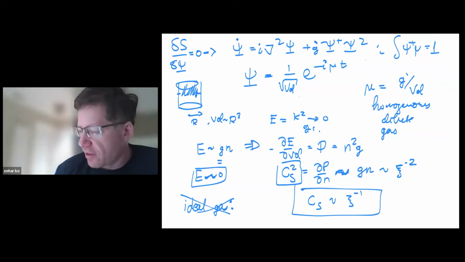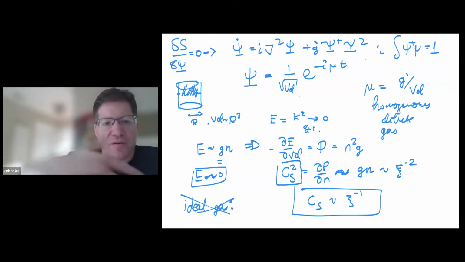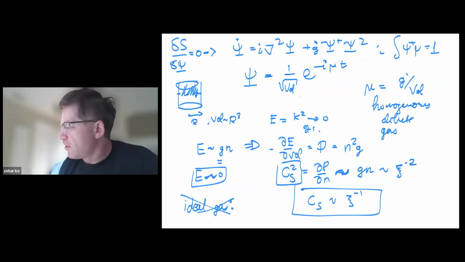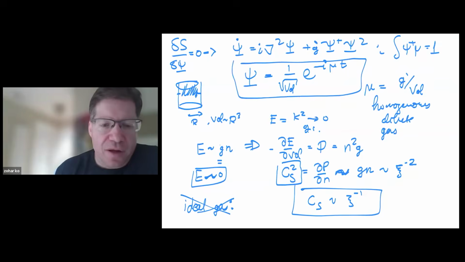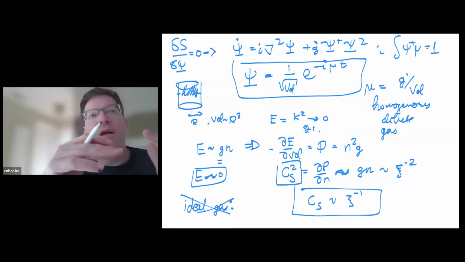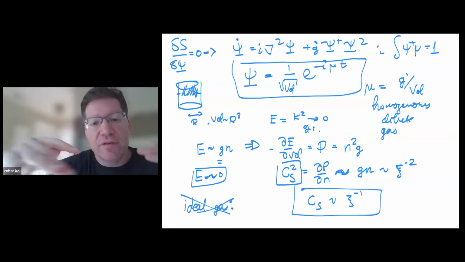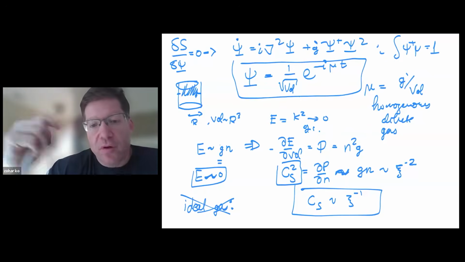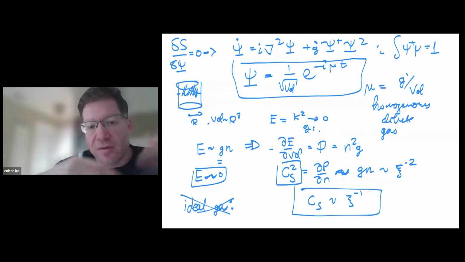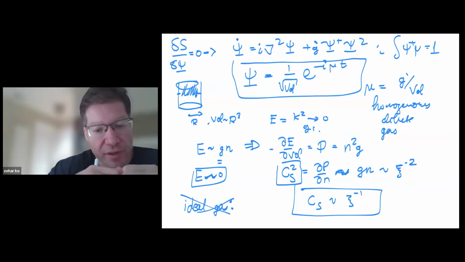Next, let's discuss the excitations, because the excitations are what carries the sound. We have to understand what are the excitations above this classical solution, and those excitations are what carries the sound. We can discuss the excitations as classical or quantum particles. It's a weakly coupled system, so you can think about waves around the classical solution as just waves, or you can think about them as created by some Fock space of operators.